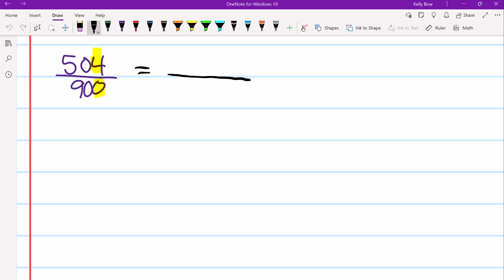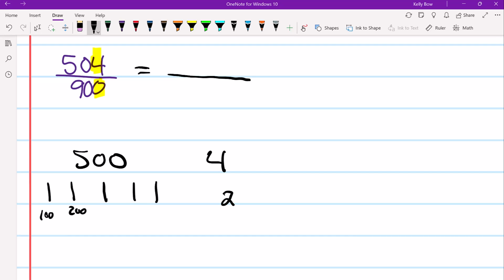So you could have them think about, if you don't want to do long division each time, visually. If you've got 500 and you have 4, well, what's 1/2 of 4? That would be 2. Well, what's 1/2 of 500? Well, there's 100, 200, 300, 400, 500. You could say these markings represent 100, 200, 300, 400, 500.